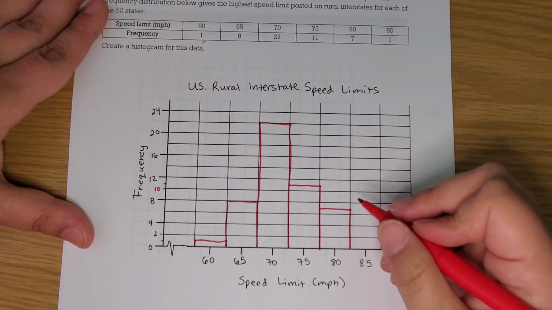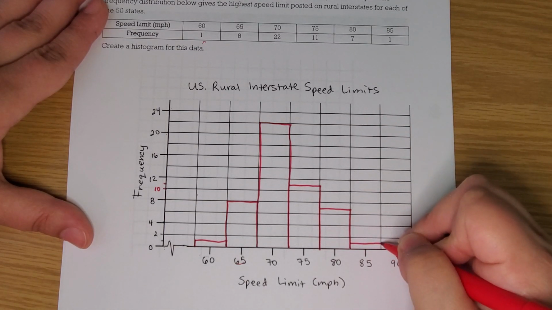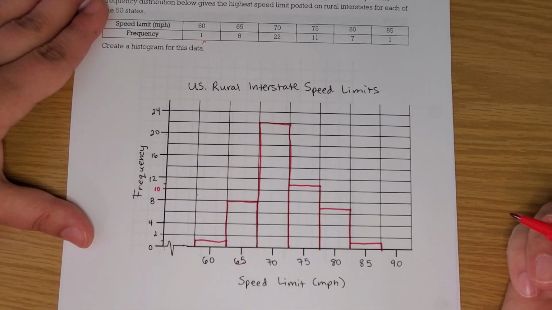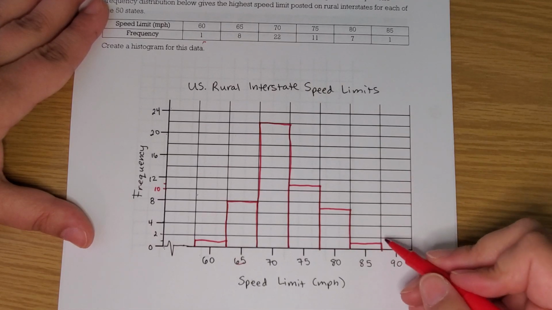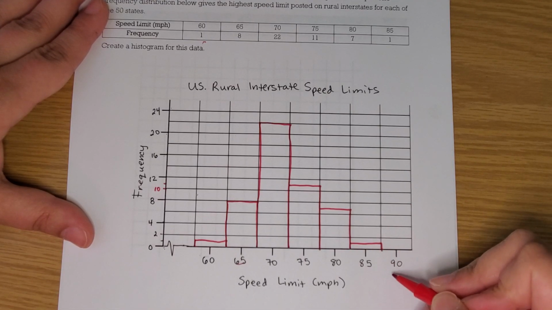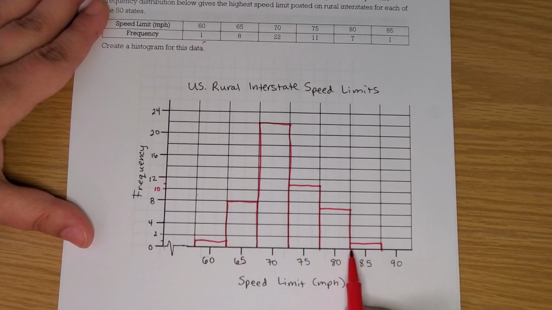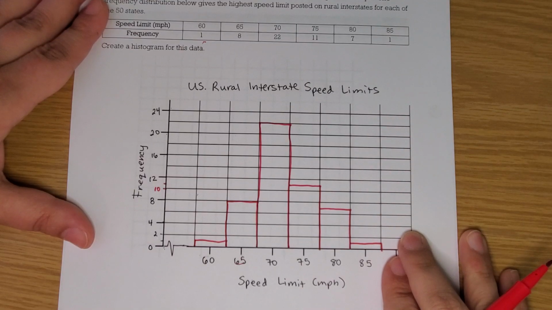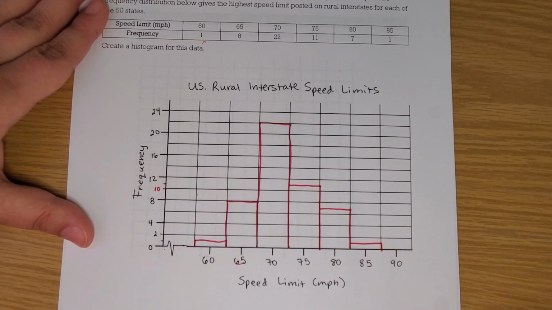And for 85, we have 1. All right. Now, the reason we had to put this extra number 90 over here on the edge was so that we had space for this bar to exist. If I didn't have this extra space, then there wouldn't be enough room for that bar.